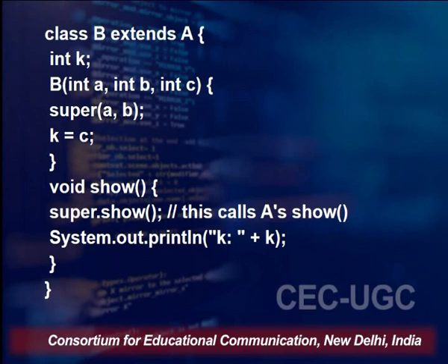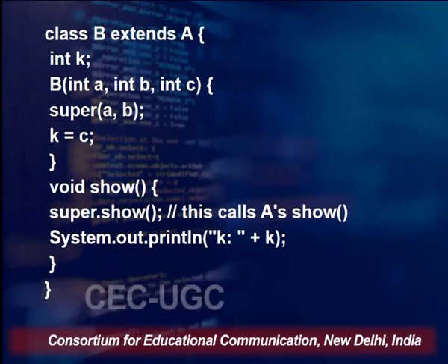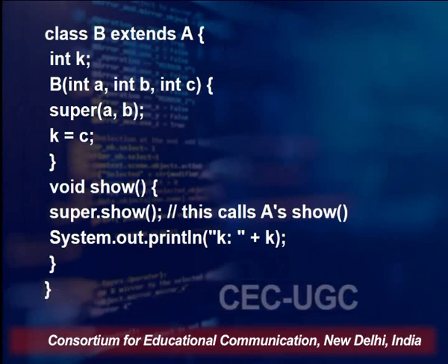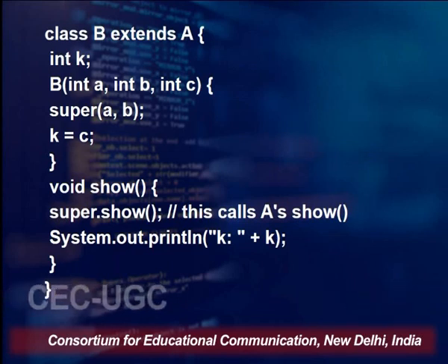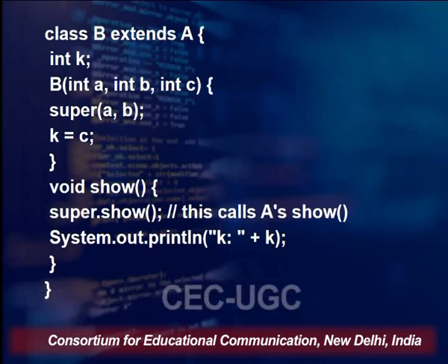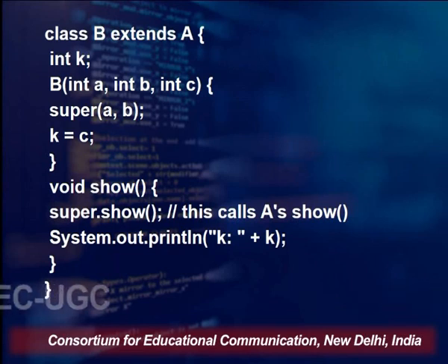Now within B, what change have we done? The change is within the method show. In void show, the first statement is super.show. This statement is going to call the overridden method show which is available inside the parent class, class A.